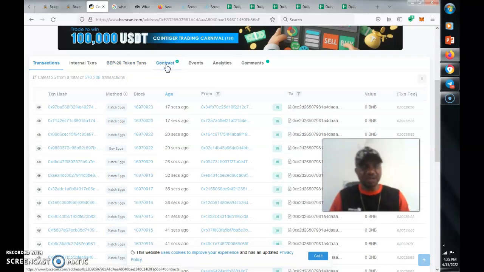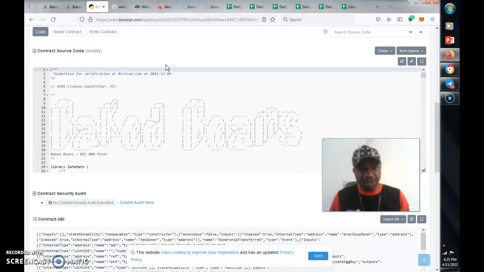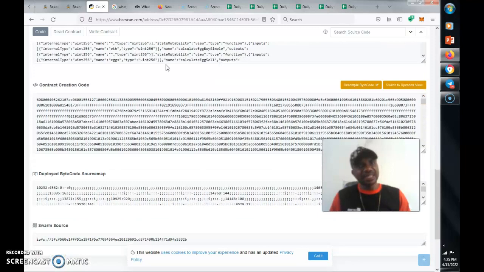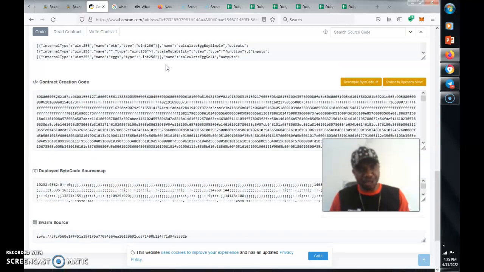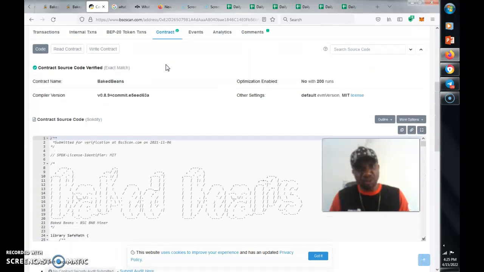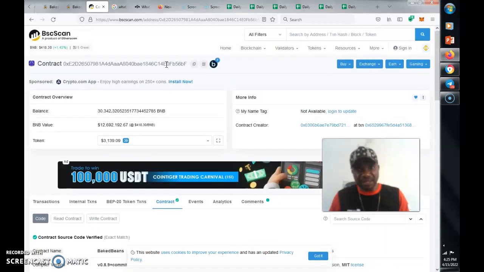Let's check the contract. I told you that everything is transparent. This is the contract code that Baked Beans has inputted inside the blockchain. So this is the code. This is the contract.